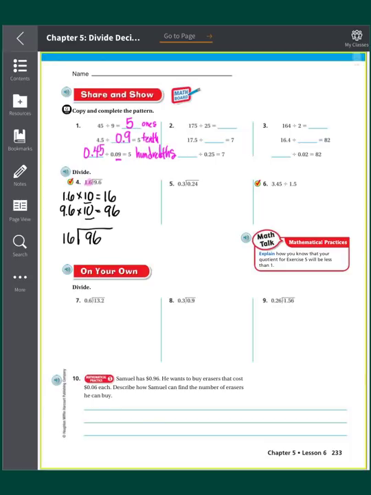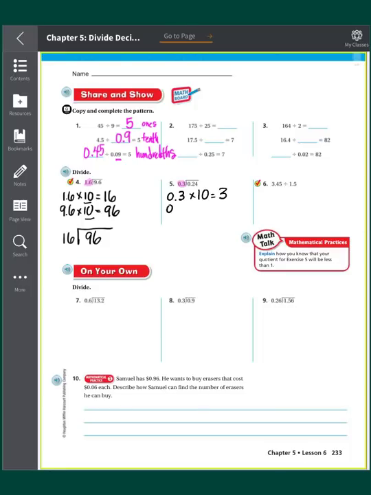Okay, so number 5, if we have 3/10 divided by 24 hundredths, remember, you want this to become a whole number. So if I have 3/10 and I want that to become a whole number, I'm going to multiply that by 10, right? Then I get 3.